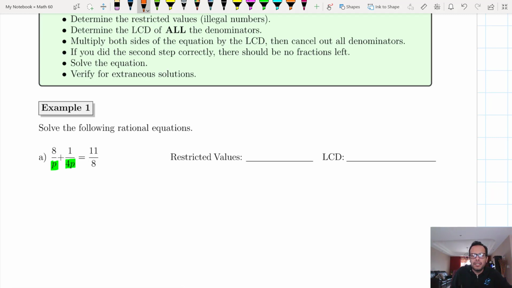In this case p cannot be 0, because otherwise, if p is 0, what happens to the denominator of the first fraction? Let's find out. 8 divided by 0, and same for the second term, 1 divided by 4 times 0.